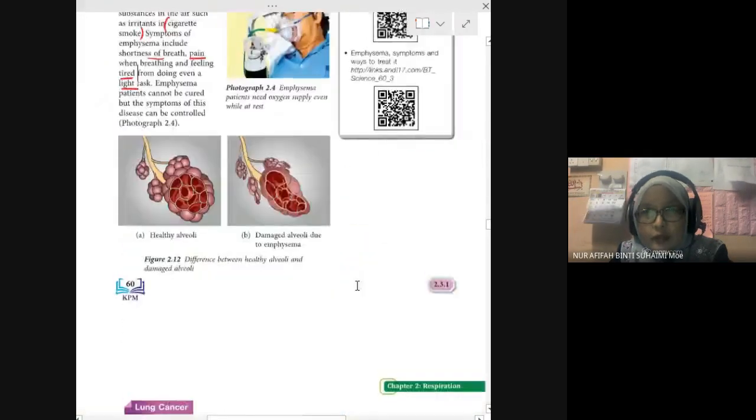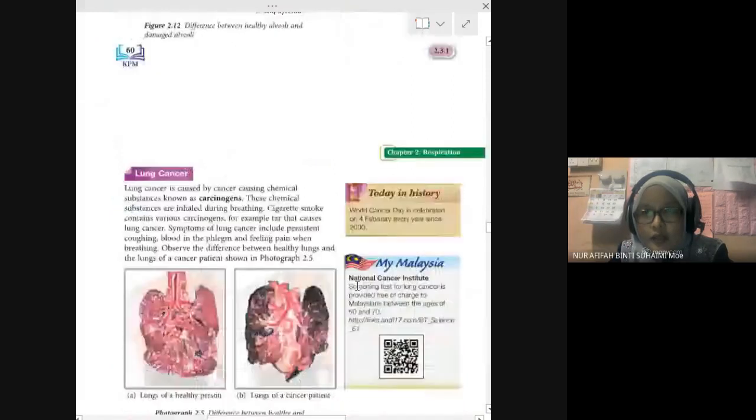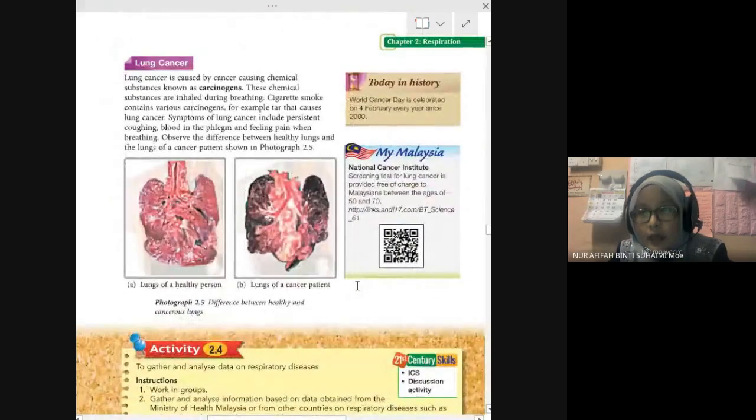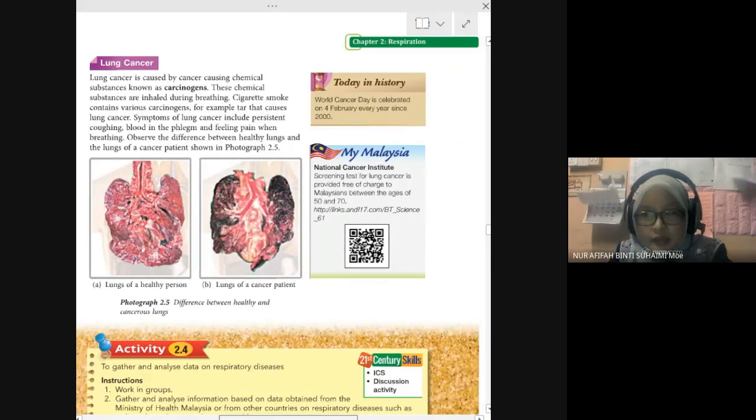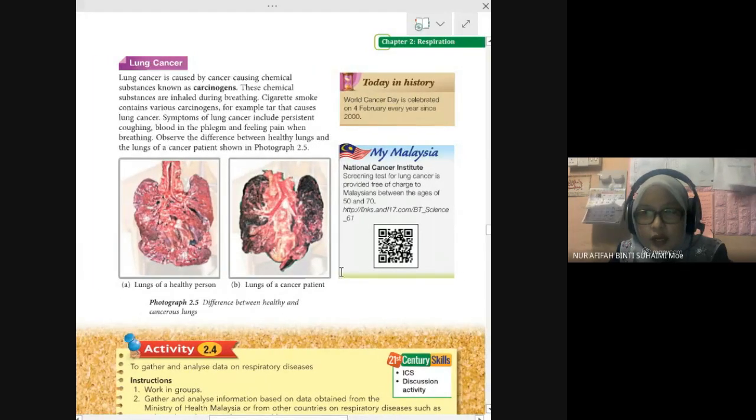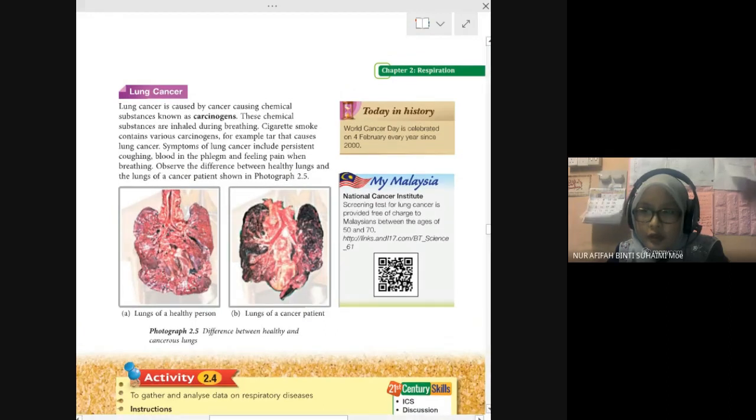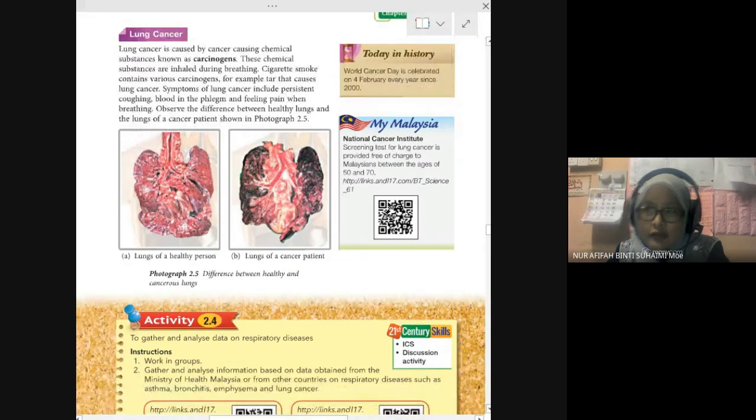Sebab dia dah menjangkiti kita punya alveolus, tempat yang paling penting. Our alveolus is damaged. So how can we breathe properly if our lungs, our alveolus, are damaged? The important part of our lung is the alveolus for the exchange of gases.